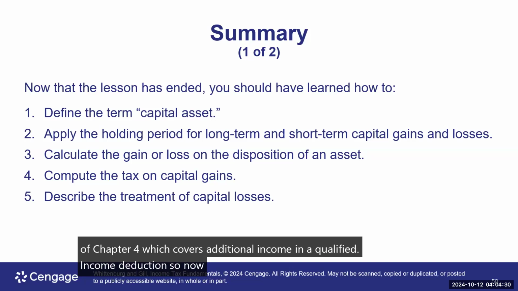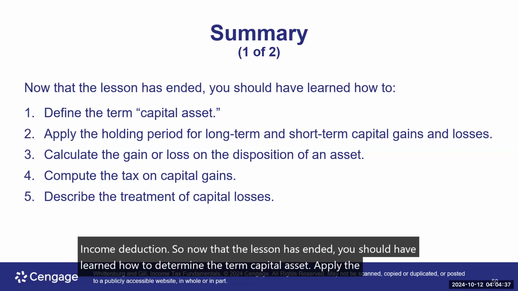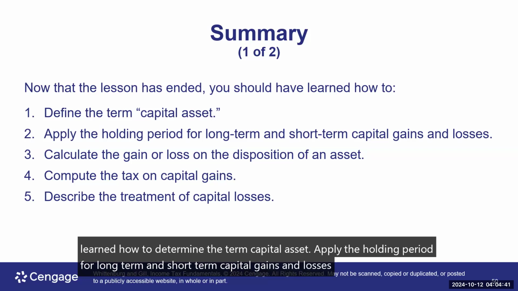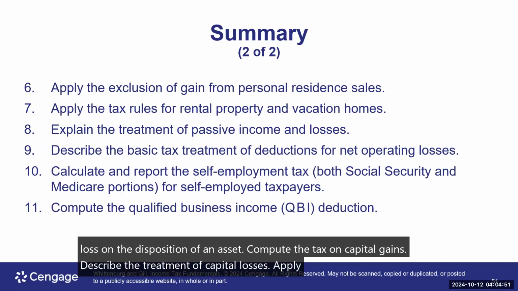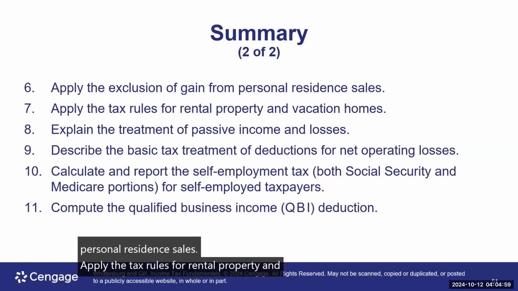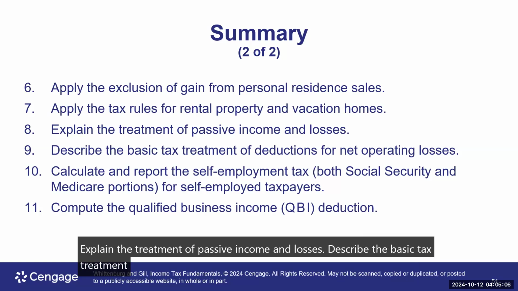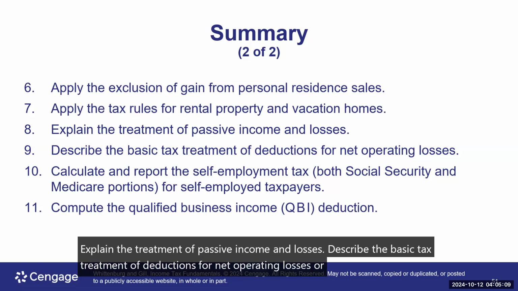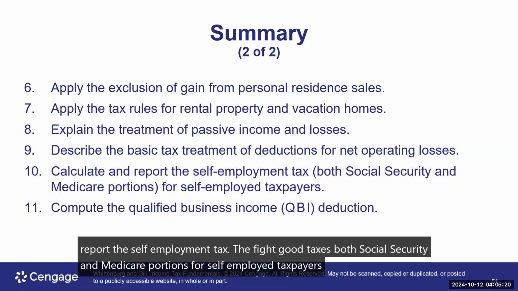Now that the lesson has ended, you should have learned how to determine the term capital asset, apply the holding period for long-term and short-term capital gains and losses, calculate the gain or loss on the disposition of an asset, compute the tax on capital gains, describe the treatment of capital losses, apply the exclusion of gain from personal residence sales, apply the tax rules for rental property and vacation homes, explain the treatment of passive income and losses, describe the basic tax treatment of deductions for net operating losses or NOLs, calculate and report the self-employment tax, the FICA taxes, both Social Security and Medicare portions for self-employed taxpayers, which is referred to as self-employment tax.